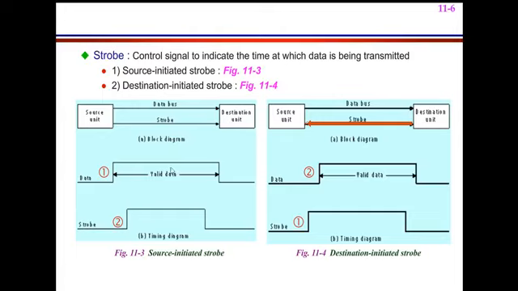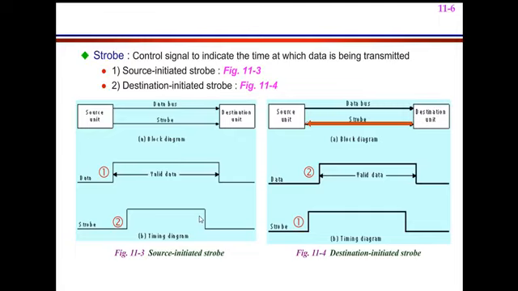The source sends valid data, and after sending valid data, it gives a strobe input to signal to the destination, informing that I am sending valid data on the data bus. That is the strobe.